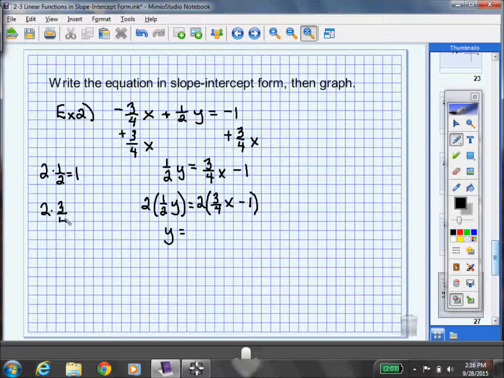That would be 6/4. What's it reduced to? It would be 6/4, but there's an easier way to do that. What about canceling? You're doing a 2 and a 4. Cross cancel.